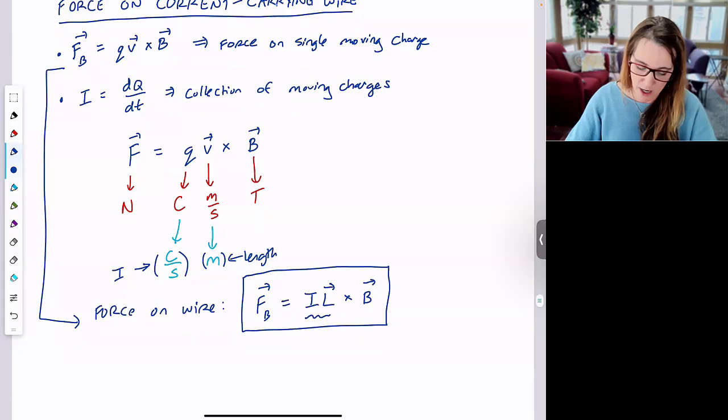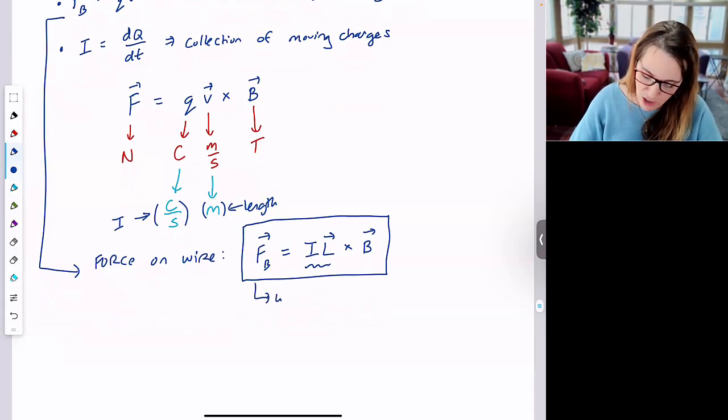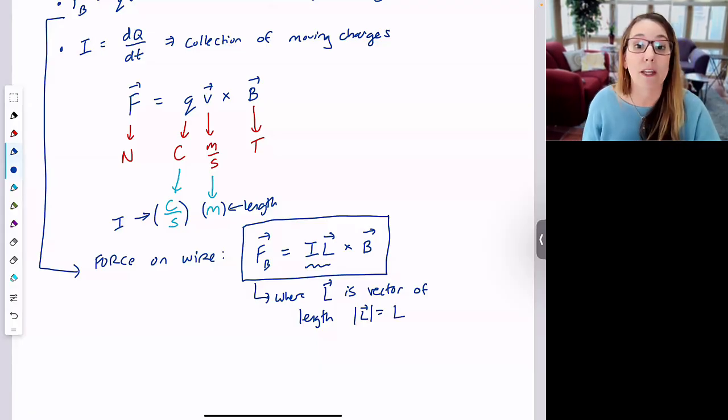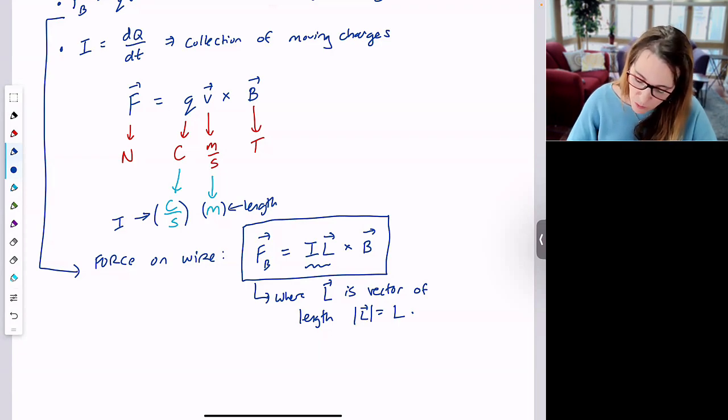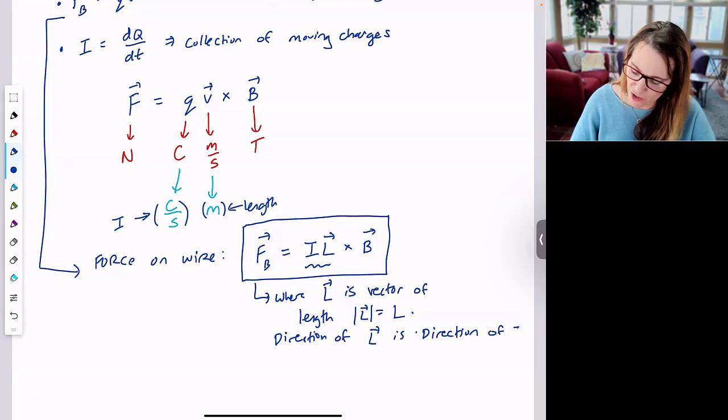So instead, I've defined L as a vector with a length equal to just the length of the wire, and where the direction of L is the direction of the current.